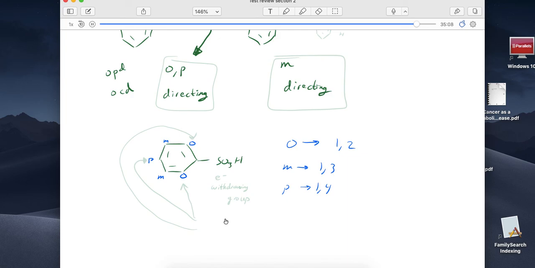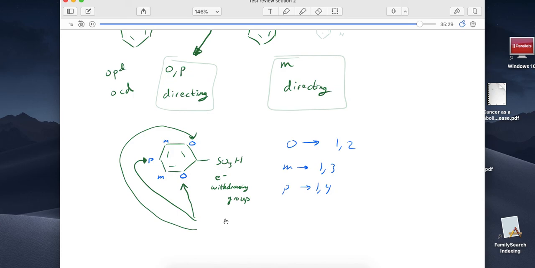So with this as an electron donating group, it's going to direct its new substituents to either the ortho positions or the para position.